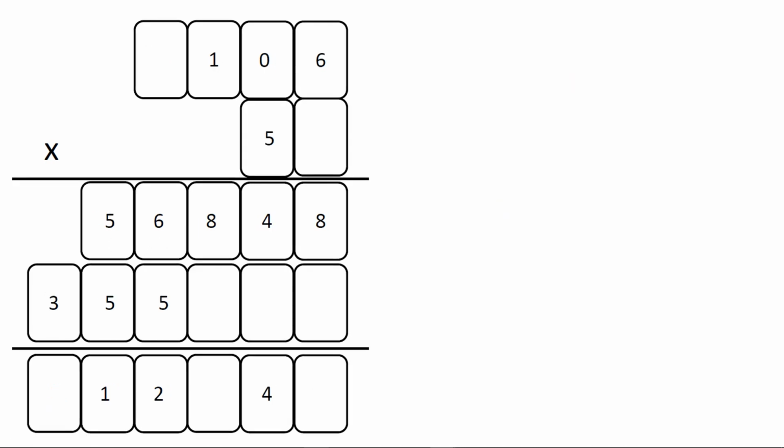Let's try another missing digit multiplication. We start with 6 times something and it gives a units digit of 8. We know that 6 times 3 is 18, so perhaps they did 6 times 3 and carried the 1 from 18, but what else might they have done?